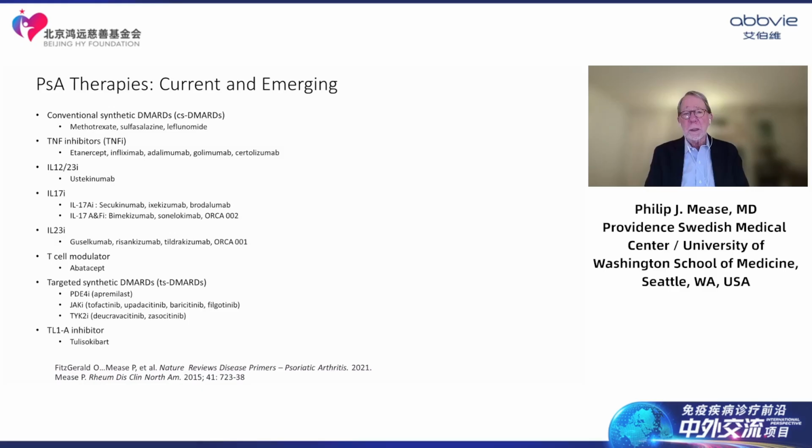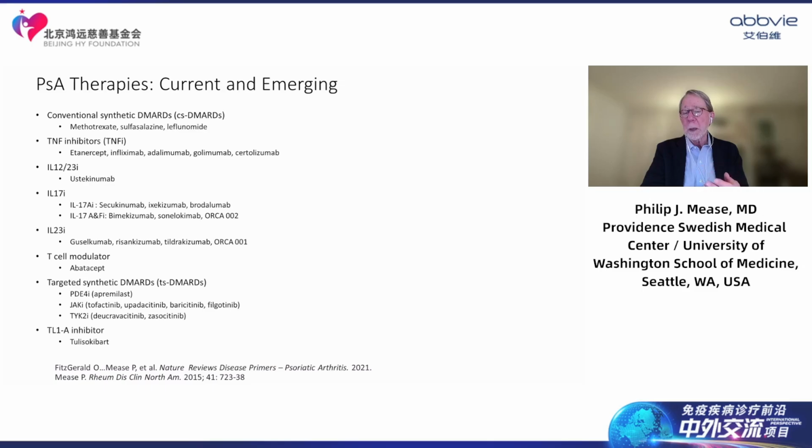So here is the list of all of the therapies that are either currently being used in the US or are emerging therapies, starting with what I mentioned earlier, methotrexate, and then going on to the TNF inhibitor class, the IL-12/23 class, the IL-17 class, which is now divided into IL-17A inhibitors and the newer IL-17A and F inhibitors.